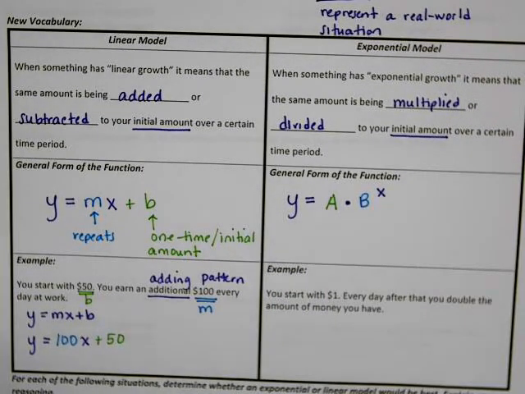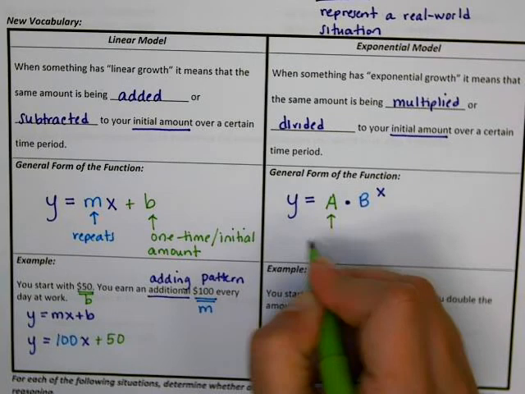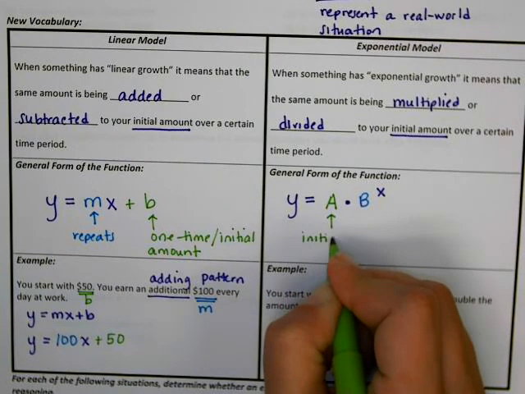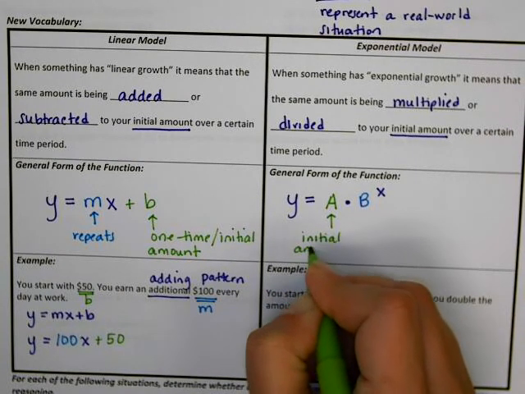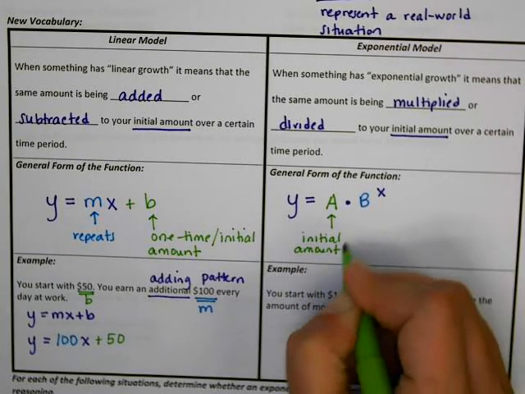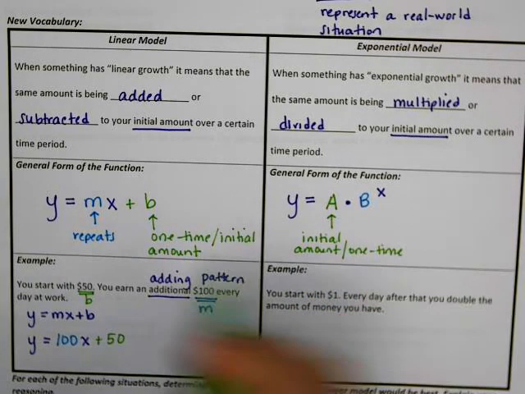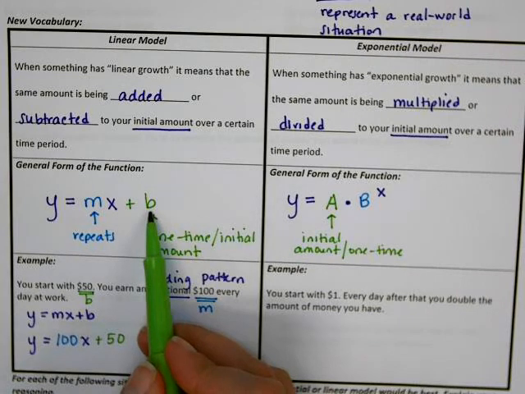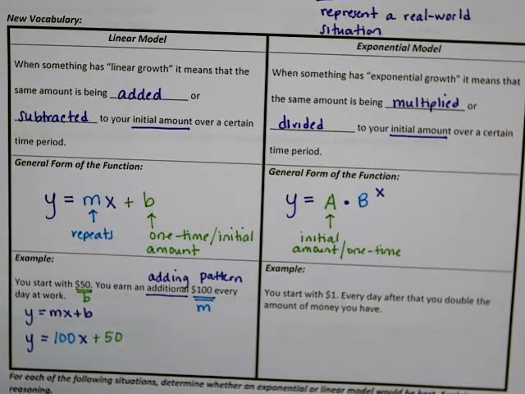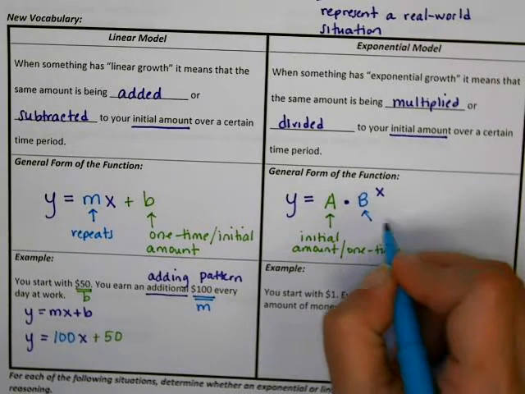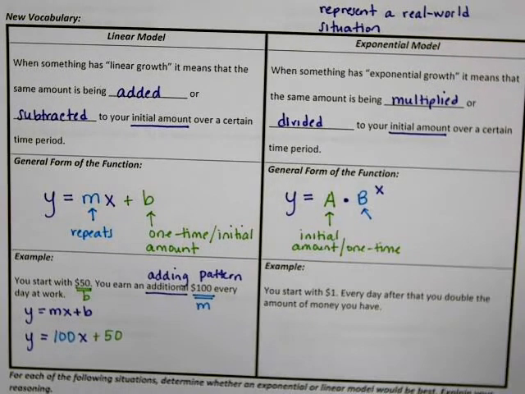Now in this problem, the a is the initial amount. It's a one-time thing. It's how much you start with. Just like the green b here was the initial amount, the green a here is the initial amount. The b is the multiplication or division pattern that you're following.